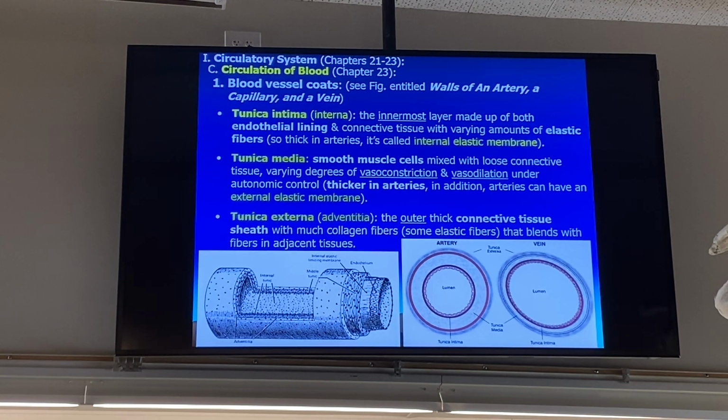Okay, now, in addition to identifying the 3 layers, you won't have any pictures on Rutgers Blackboard. But you have to keep track of these elastic membranes, which are not in lab. Tunica intima, or interna, is the endothelial lining of the blood vessels, simple squamous. And it's going to have some connective tissue, elastic fibers.